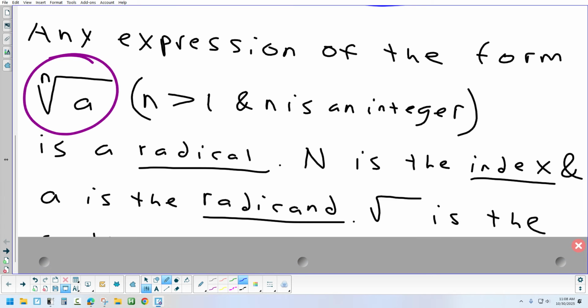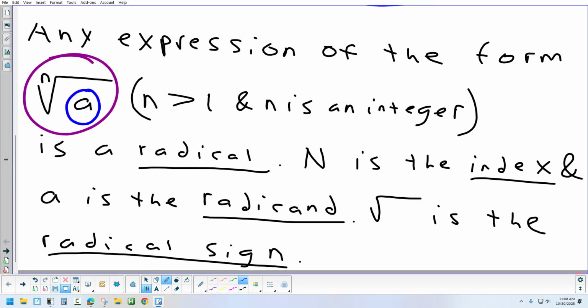The part that's underneath the radical, okay, that's called the radicand. And then the actual symbol itself, that's just called the radical sign. So any questions on the terms radical, radical expression, radical equation, index, or radicand?